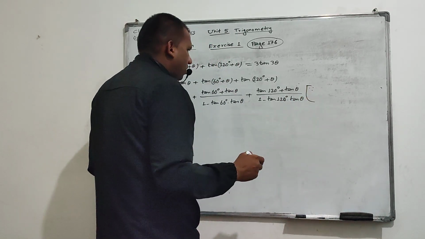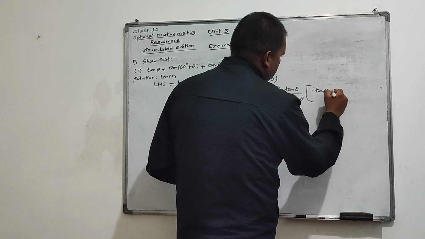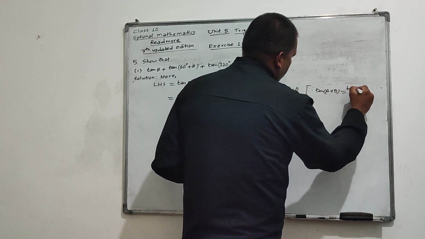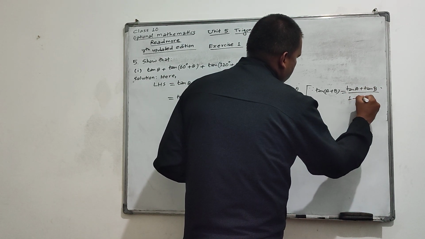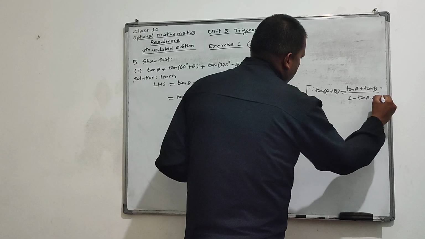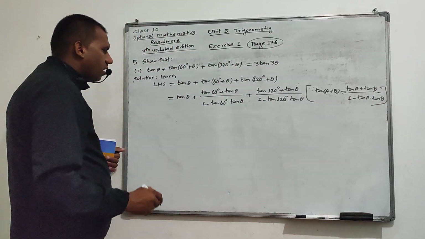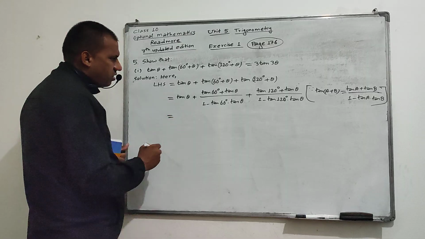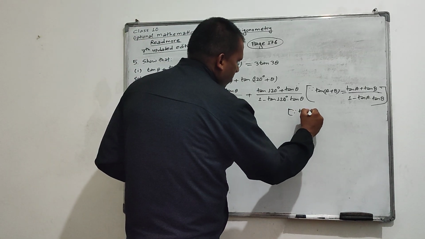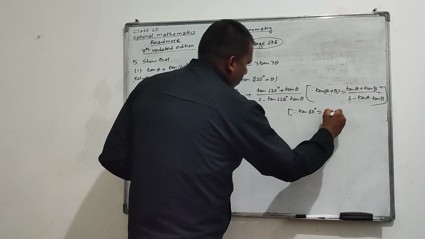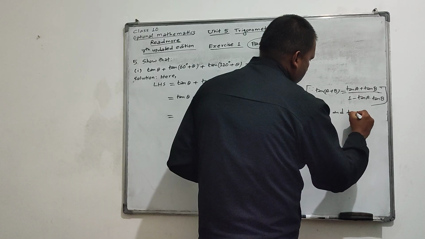Using formula of tan (A plus B), because tan (A plus B) equal to tan A plus tan B all upon 1 minus tan A dot tan B. Now we know that tan 60 degree equal to root 3, and tan 120 degree equal to minus root 3.